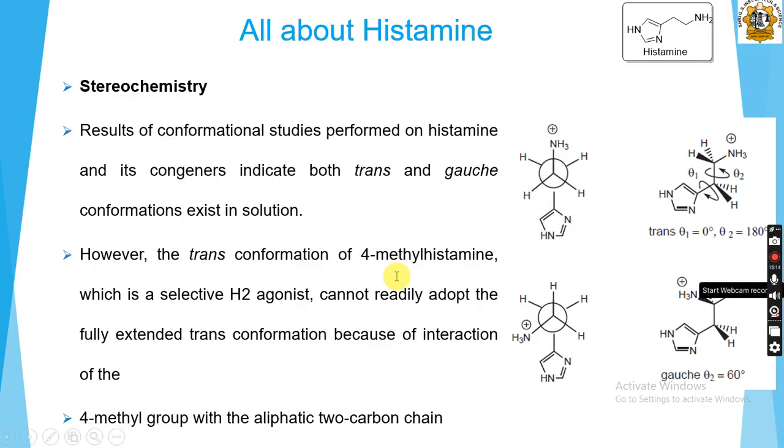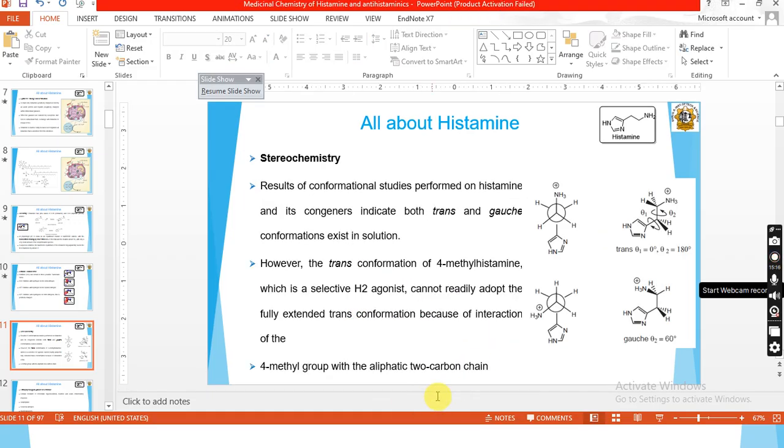You have to see this on camera. So this stereochemistry is also important many times.